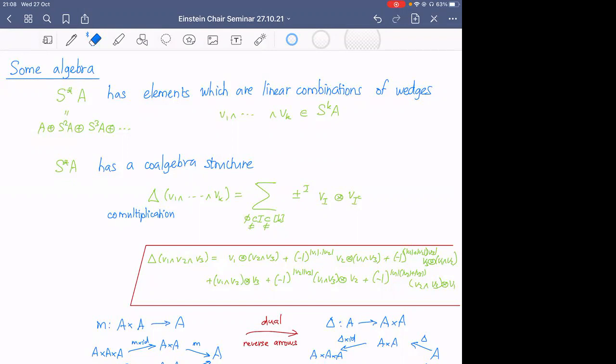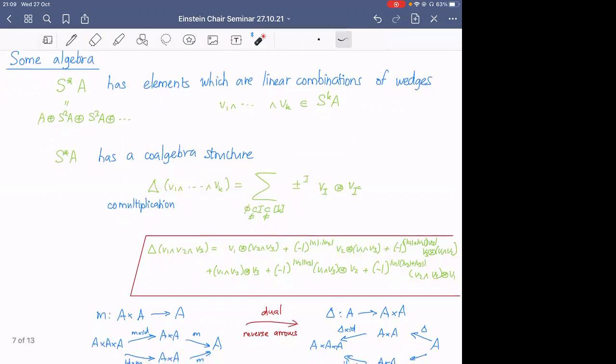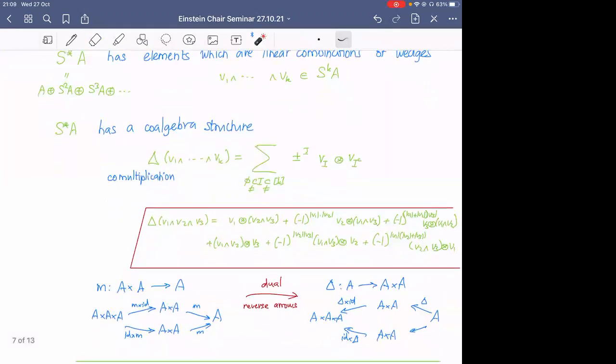You take all splittings of a wedge into one side and the other side. For example, if you had a wedge of 3, then you split them into 1 and 2 in all possible ways, or 2 and 1 in all possible ways, and then the Koszul signs, as we explained earlier.